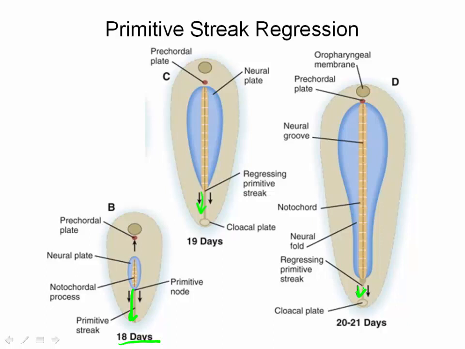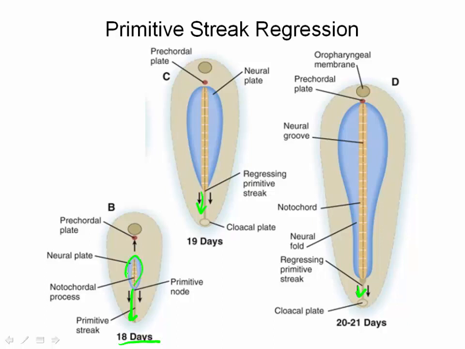It is important to realize that as new cells are added at the caudal end of the embryo, cells in the cranial end that migrated through the primitive streak at the onset of gastrulation are already beginning to differentiate. This can be observed by the increasing length of the neural plate and groove, which are structures we will talk about in the next video.